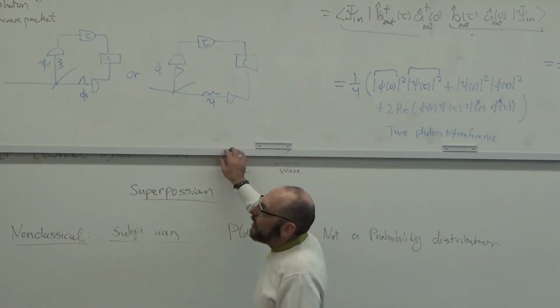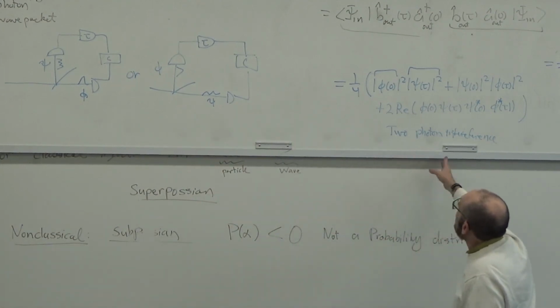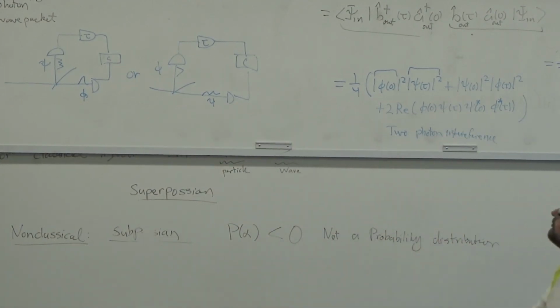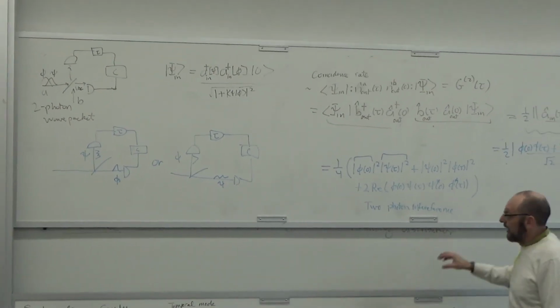And that is the question, let's look at this correlation function now, not for non-classical light of two photons. Let's say we have classical light. Let's look at this object again for classical light.